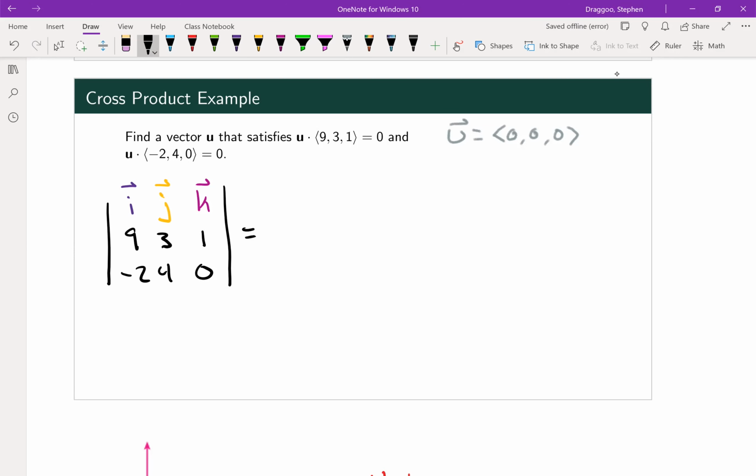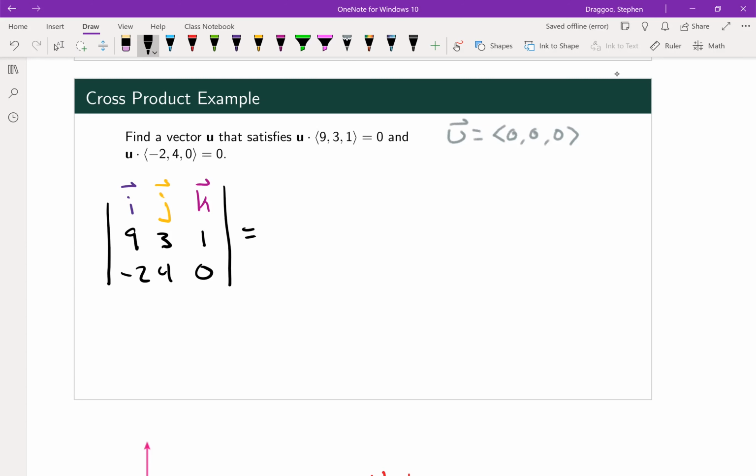Since I just brought it up, if I had switched the order of those two vectors, I would have gotten a vector that pointed in the opposite direction of the one I'm going to get right now. The only real difference is that the other is going to be different by a negative sign. But enough of that. Let's start calculating this thing.